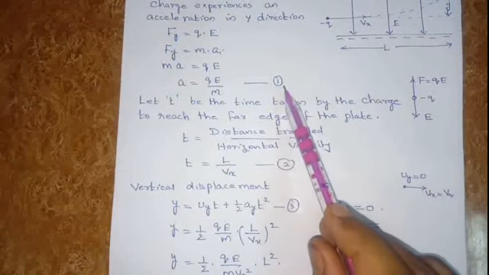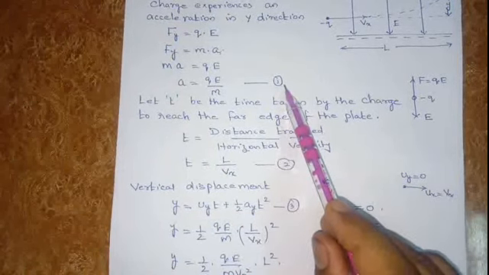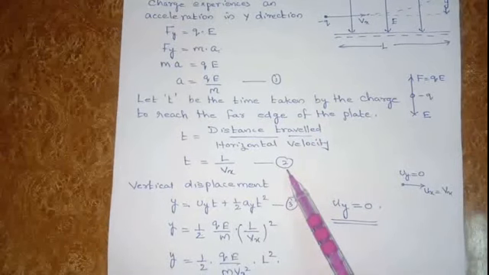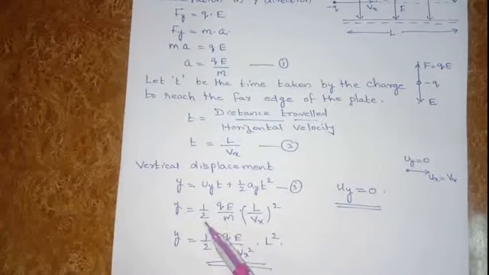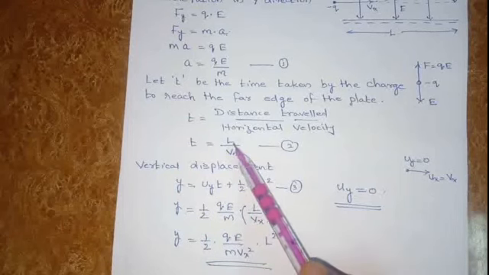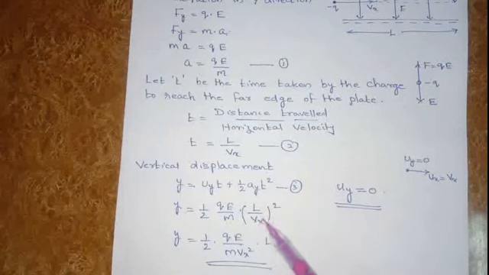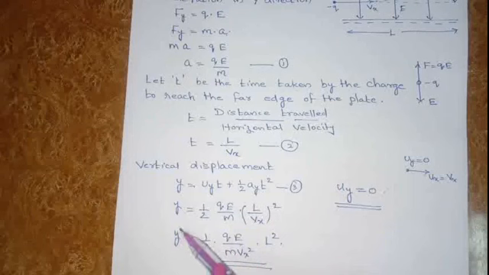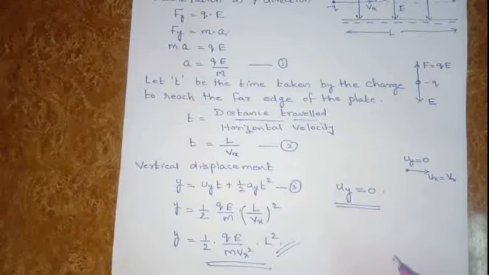From equation number 1 I can substitute for ay, as well as from equation number 2 I can substitute for t. Then what remains is y is equal to half into, instead of ay, qE by m, into, instead of t, L by Vx the whole square, and that will give me y is equal to half times qE by m Vx square into L square, and that will be the result.